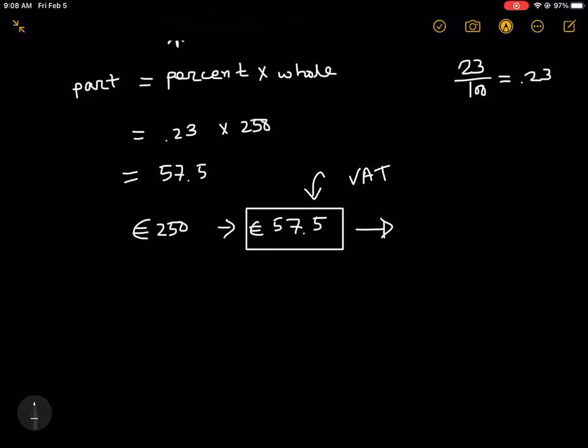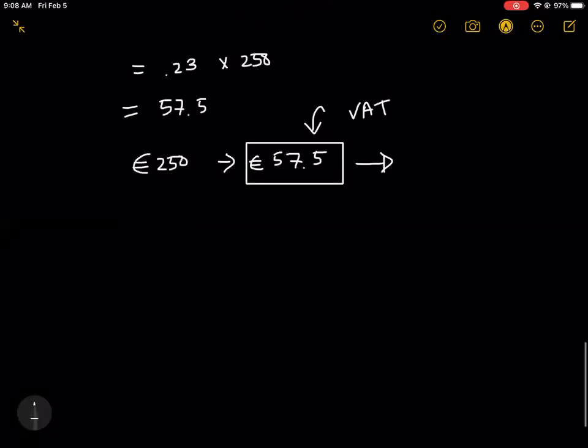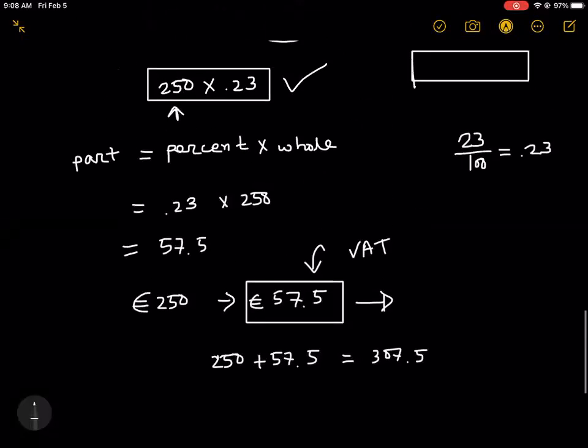So if I say how much will he need to pay on a purchase of an item worth 250 euros, you need to do an additional step, which is 250 plus 57.5. So the total would be 307.5. Once again, I'm repeating myself, look at the question pretty clearly. One more word or one less word would actually mean a completely different thing. Okay. All right. Any question from this one?